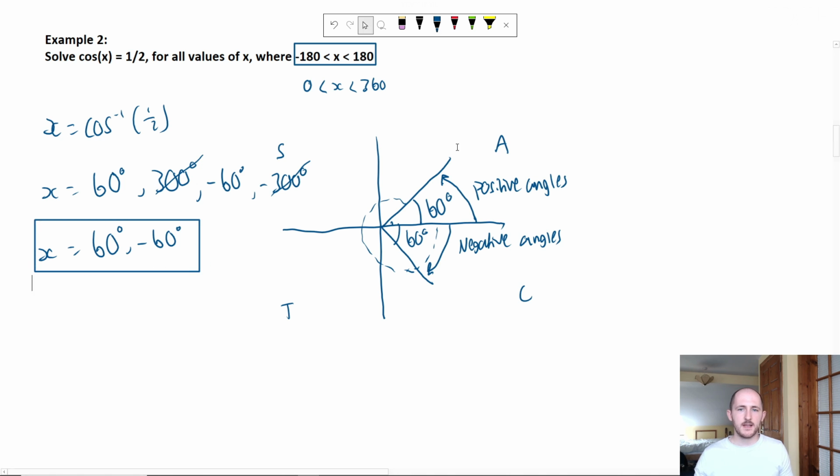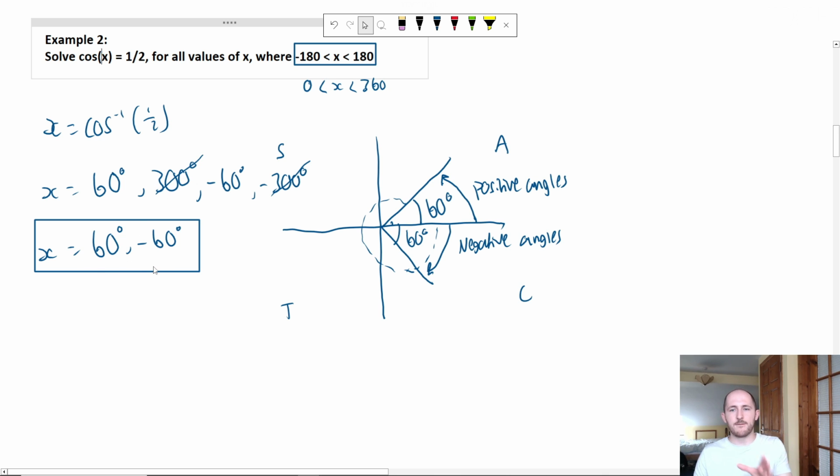As a hint, if it just has x inside the trig value, so what I mean by that is there's no 2x or 3x or half an x. If it's just x inside sine, cos or tan, and the range is 360 degrees, so minus 180 to 180 is 360, 0 to 360 is obviously 360, you're usually only going to get two answers.